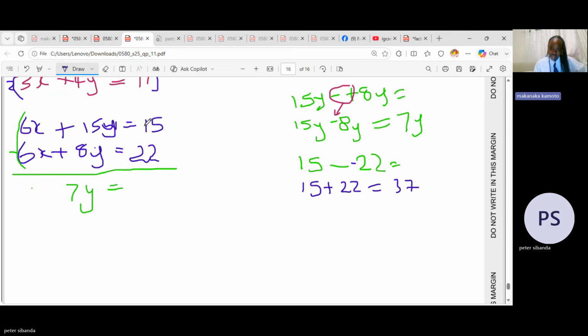So 7y is equal to 15 plus 22, which is surely 37. How did we end up with a plus again? We were supposed to be subtracting. It was just supposed to be 15 minus 22.